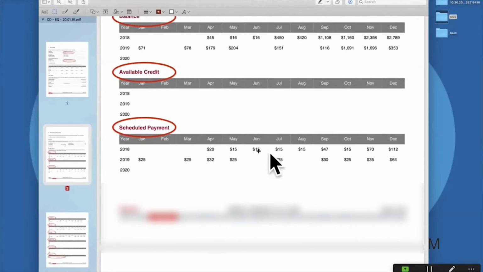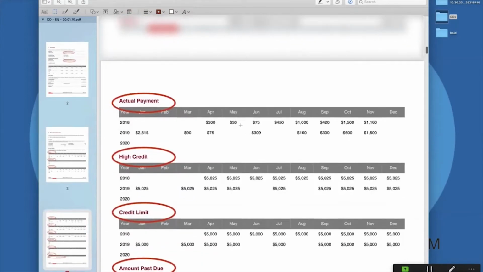This is why I tell you that. They have a scheduled payment. If you make that scheduled payment, you send a message about your ability to pay. And even if it's just a few dollars more, we never want to send the message that you can only afford a minimum payment. So there's the actual payment.